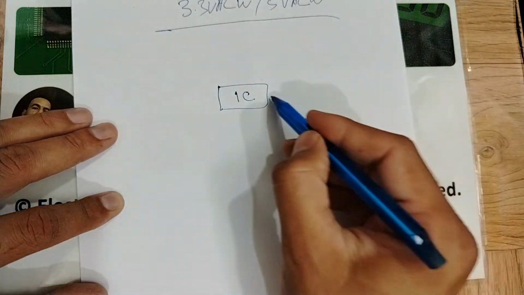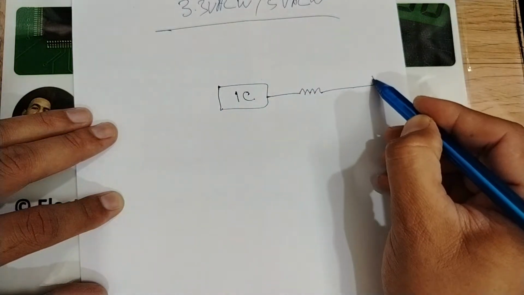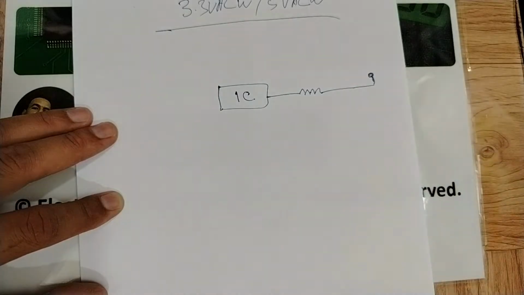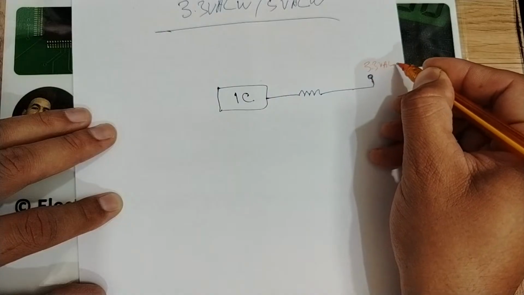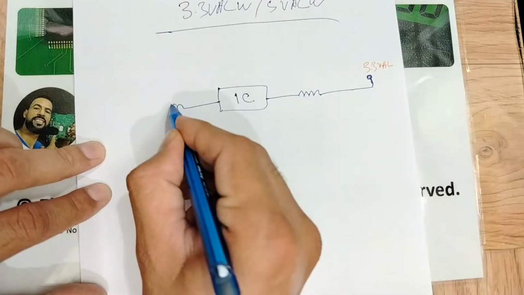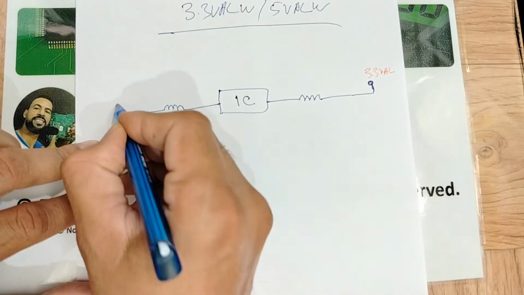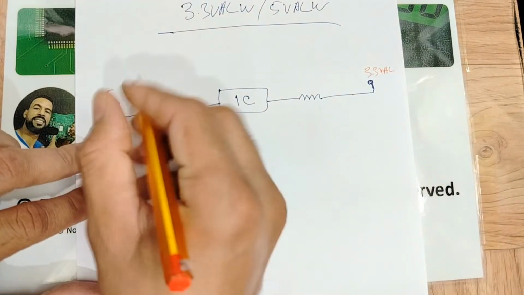So this IC will generate, basically, we have the coil, and here we will get 3.3 volts always. Here also we have an inductor, and here basically we will get 5 volts always.